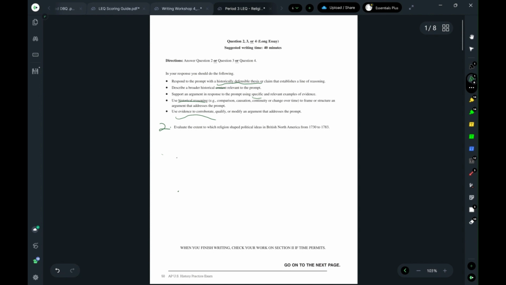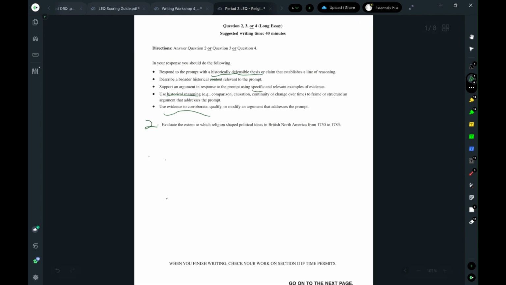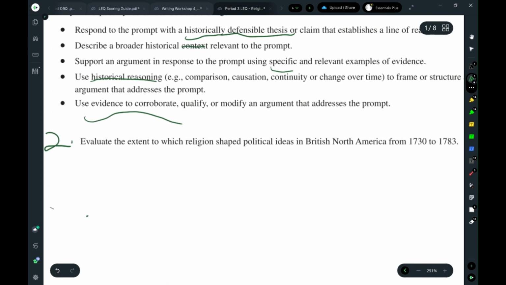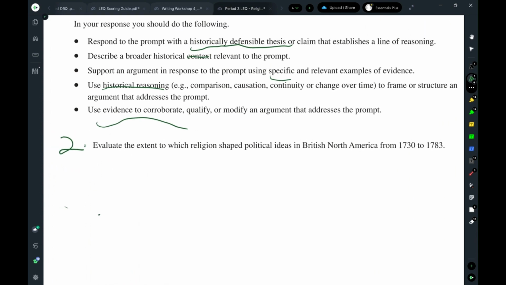Now remember what I said I think you should do, right? You want to first read the question and break down what it says. Evaluate the extent to which religion shaped political ideas in British North America from 1730 to 1783. So I'm looking at this and I say, evaluate the extent to which religion shaped.